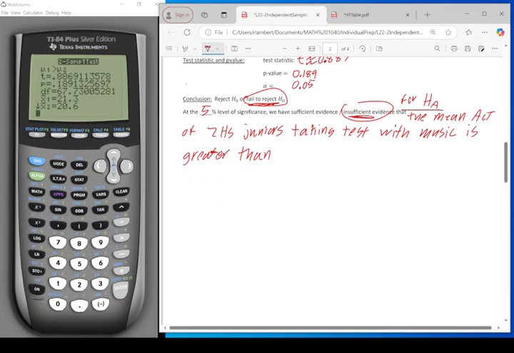We have insufficient evidence that the mean ACT of CHS juniors taking the test with music is greater than the mean ACT of CHS juniors taking the test in quiet.